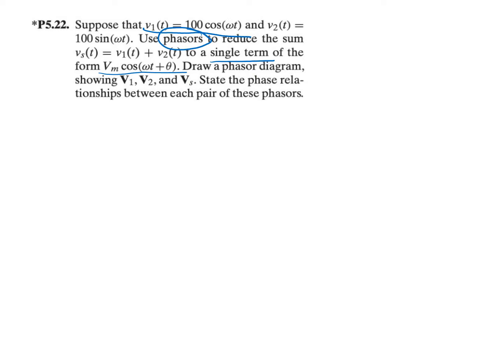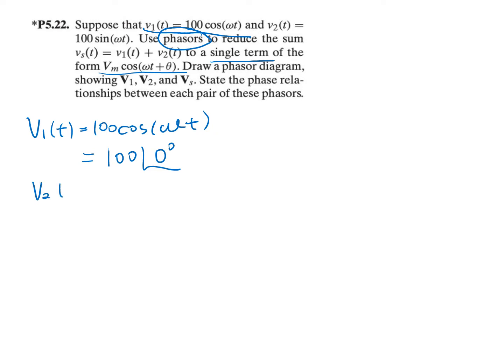Let's first convert V1 and V2 into the phasor form. So V1 t is equal to 100 cos omega t is equal to 100 the angle of 0 degrees, and V2 t is 100 sine omega t.